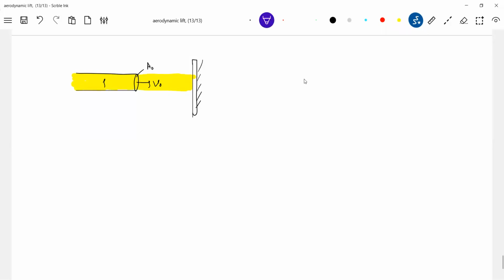This emerging jet, it will exert a force, no? So the same formula: there's a wall, force exerted by jet on wall should be equal to how much? Rho, area of cross section A naught, into V naught square.